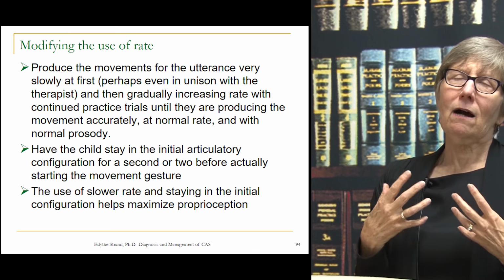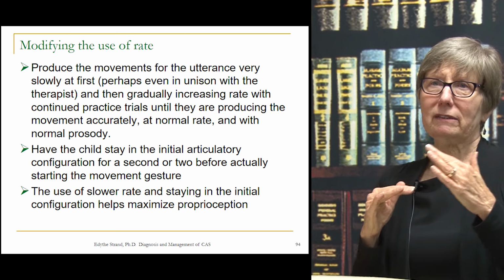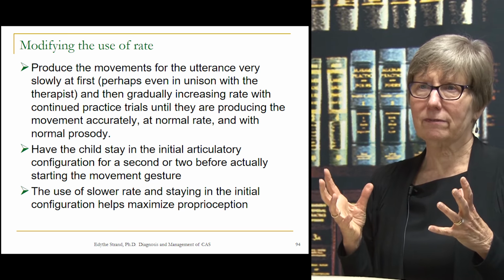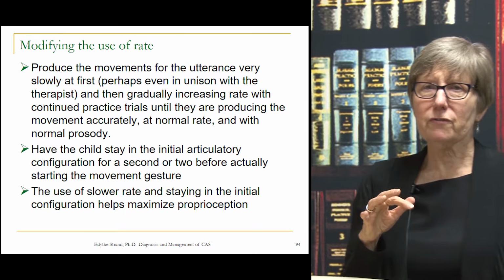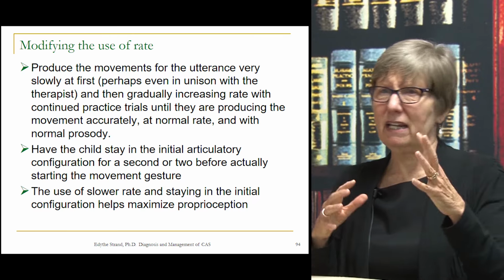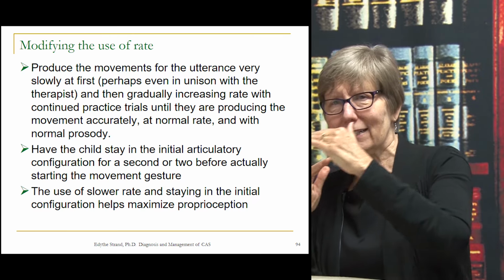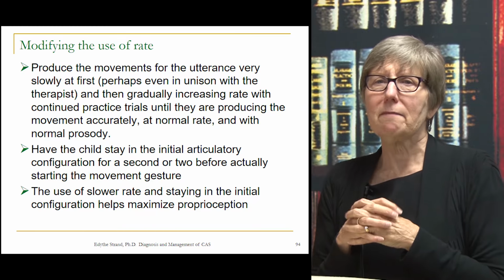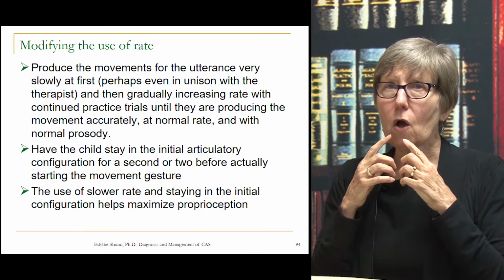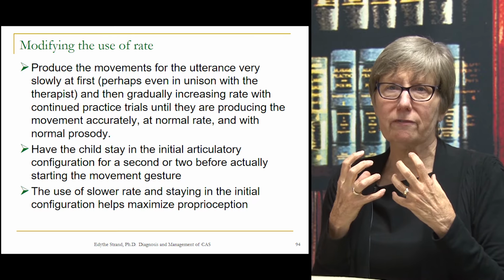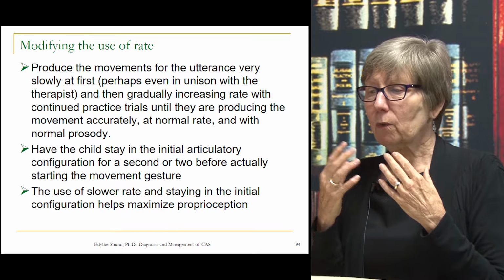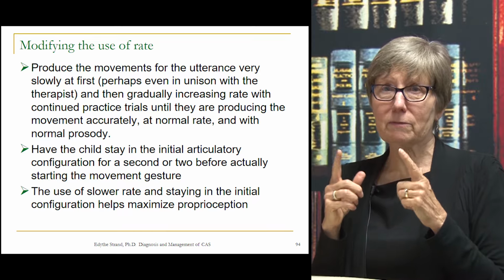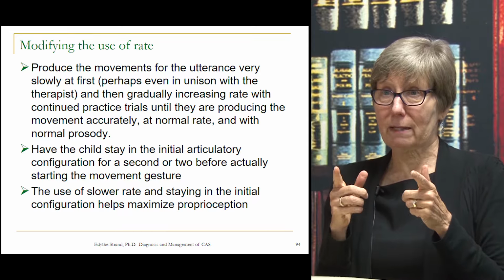Now, sometimes even in simultaneous, the child may have difficulty. So you've tried, let's say, 5, 8, 10 times or whatever, and they just can't even do it simultaneously. And maybe the problem is they can't really get in that initial configuration very well. So what you can do, and this comes back to proprioception.